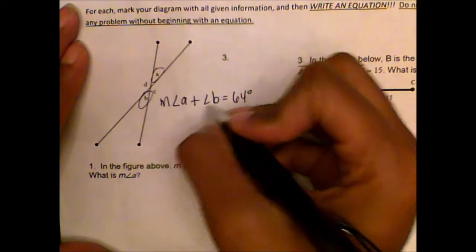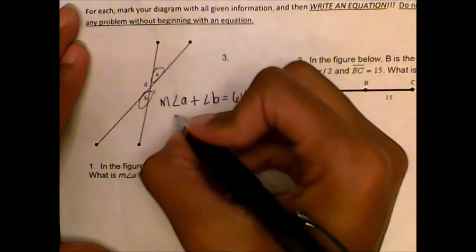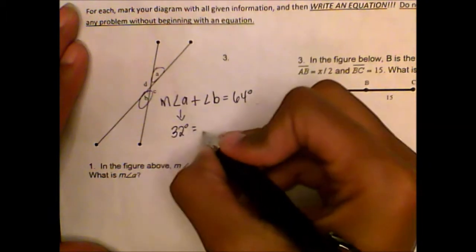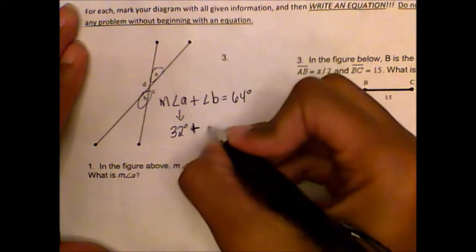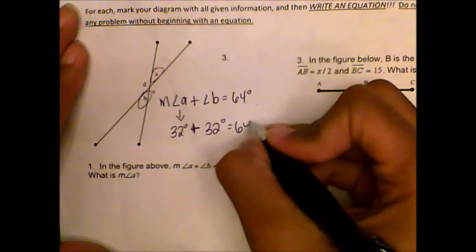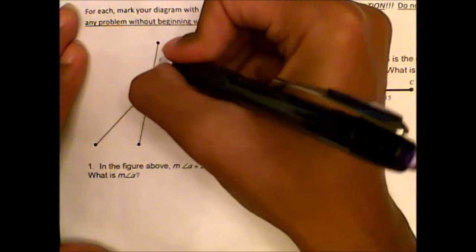So if A plus B has to equal 64 degrees, then A must be equal to 32 degrees. B must also be equal to 32 degrees, and that's how we get our 64 degrees. So this is 32 degrees.